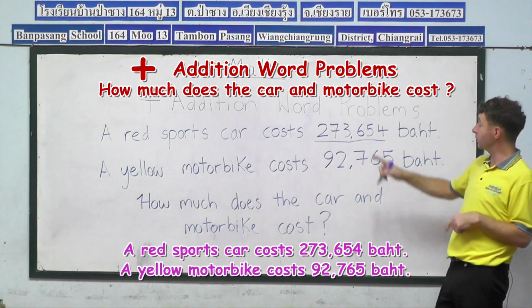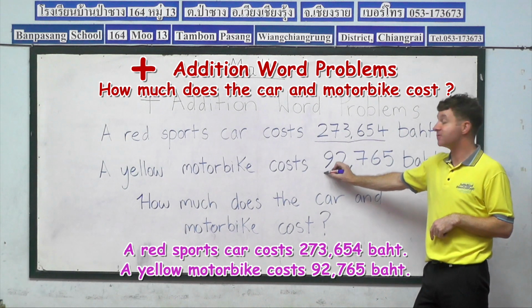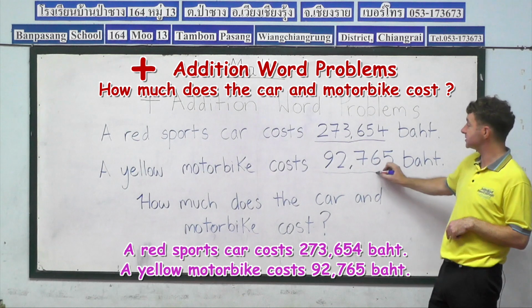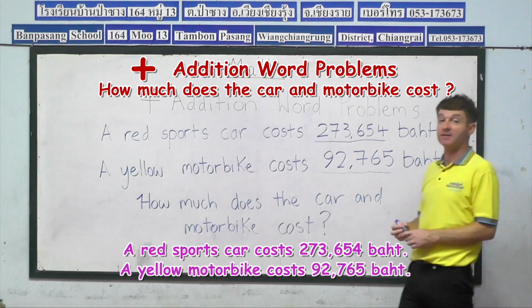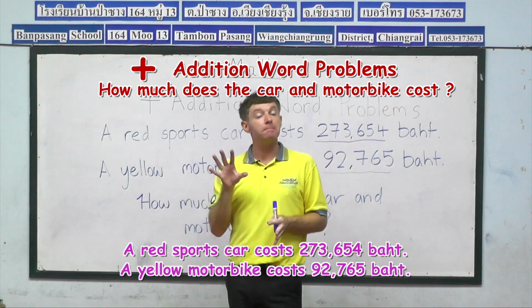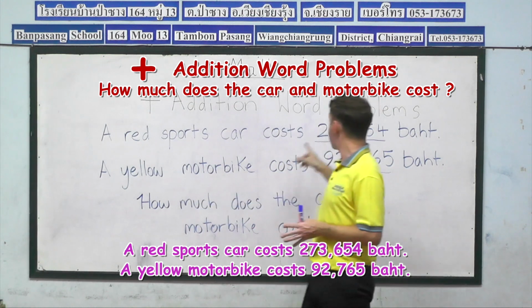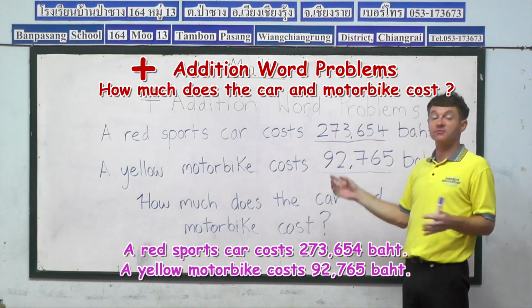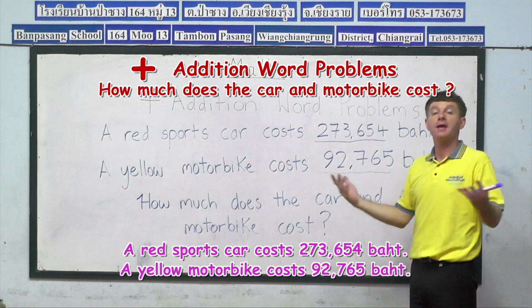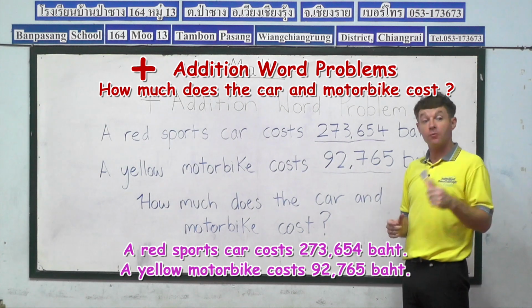273,654. And what do we need to add this number with? 92,765. So basically, addition word problems means reading and understanding the word problem, identifying the numbers we need to add together, and then doing the addition calculation as usual. And we'll do it together now.